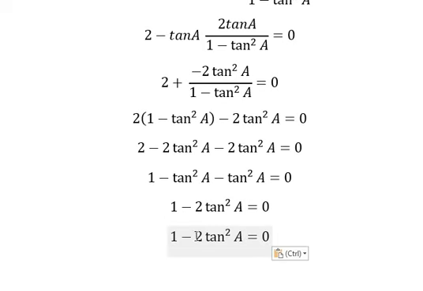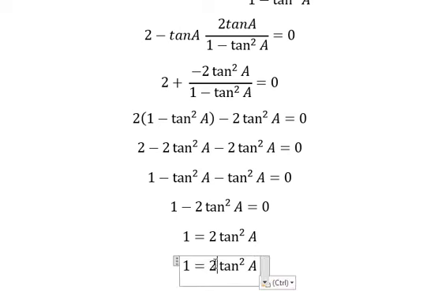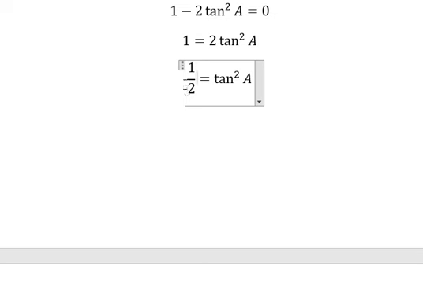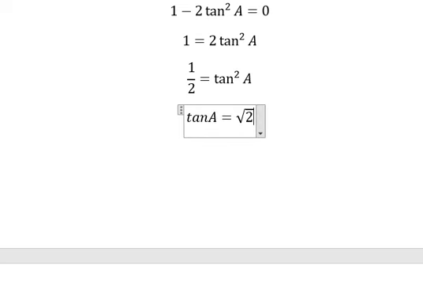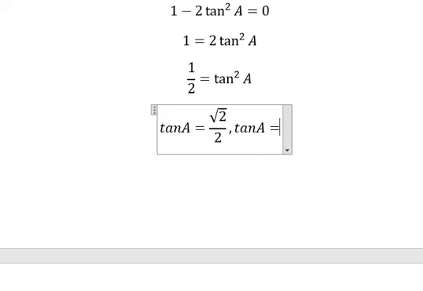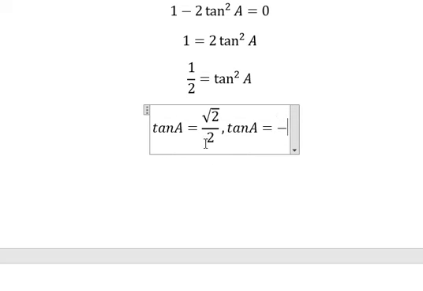So this one I will put in here. And then we divide both sides by number 2. So we put the square root for both sides. So we have tan θ equals to the square root of 2 over 2, and tan θ equals to negative of the square root of 2 over 2.